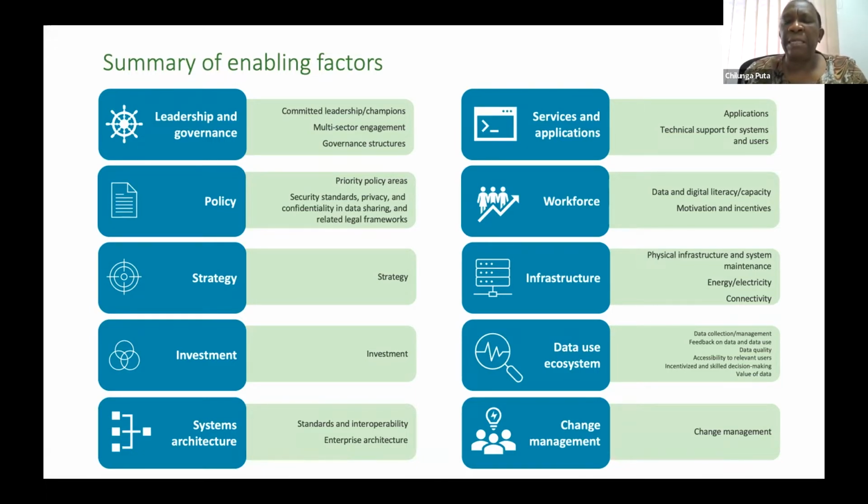Again, a very important dimension. The collecting of the data, the management of the data, the feedback loops for data, data use itself, the quality, the accessibility, relevance, accessibility to relevant users, and yes, even the incentive to use that data, the skills that are required to analyze that data, to interpret that data, and to go on to actually make decisions based on that data.